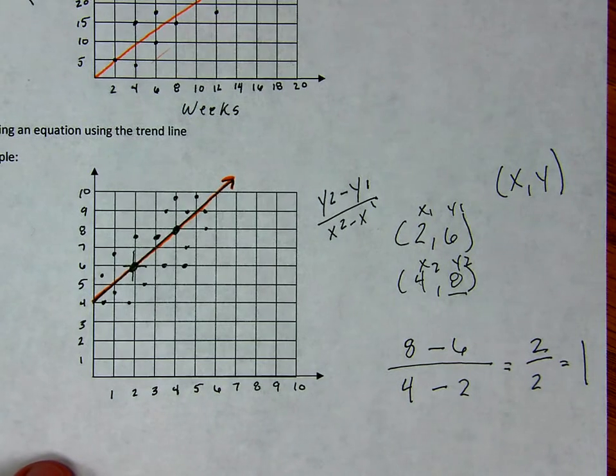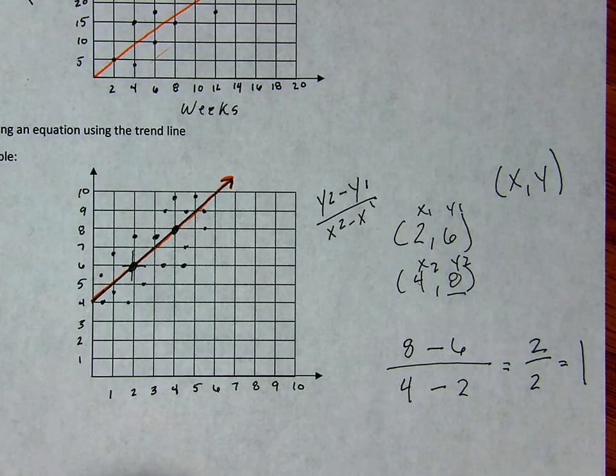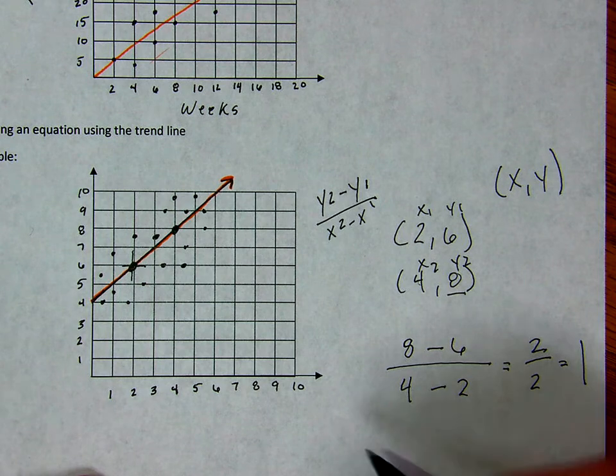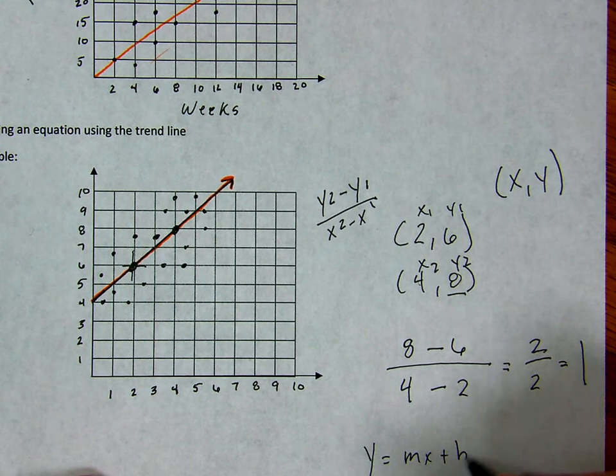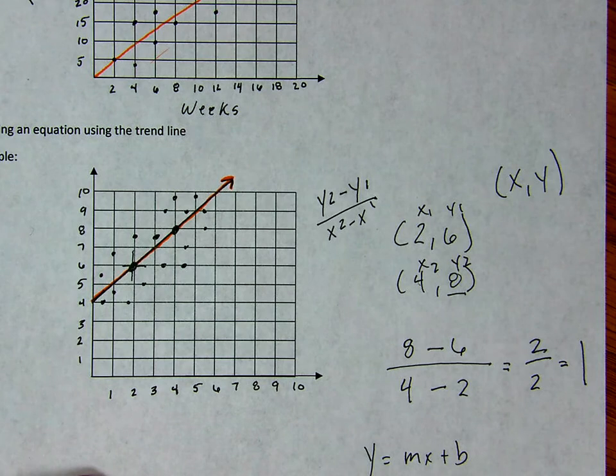So in this particular equation, our slope is 1. So remember, y equals mx plus b, the slope-intercept form of our linear equations. So y equals, m is slope, we just found our slope was 1. But we don't necessarily have to put that 1 there, because what's the understood number in front of x? That's 1.